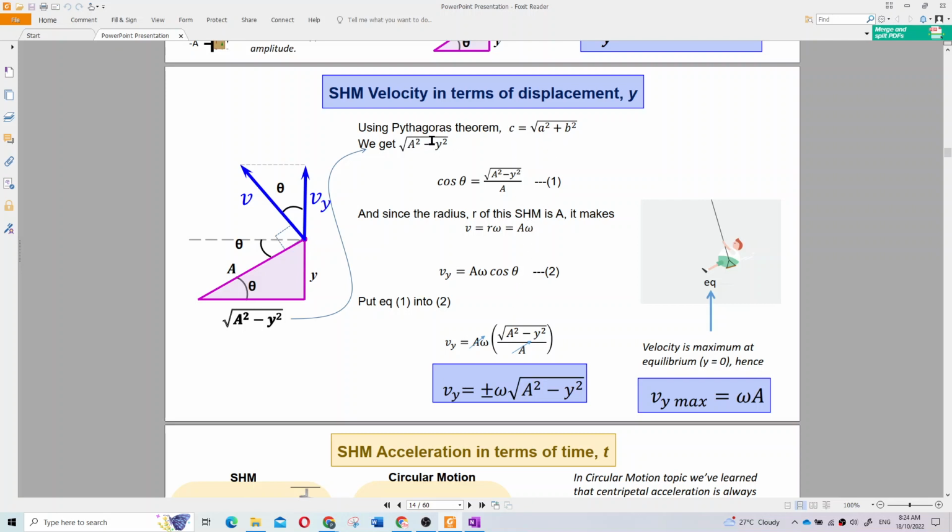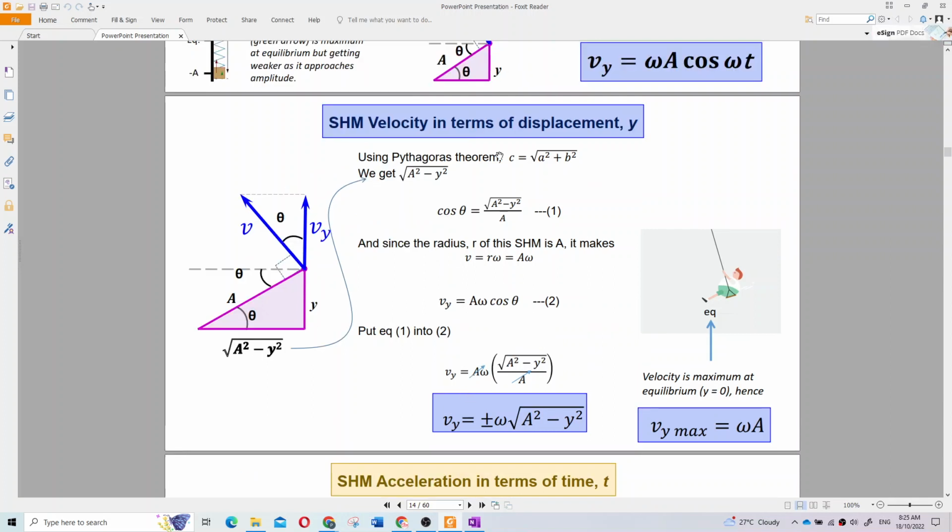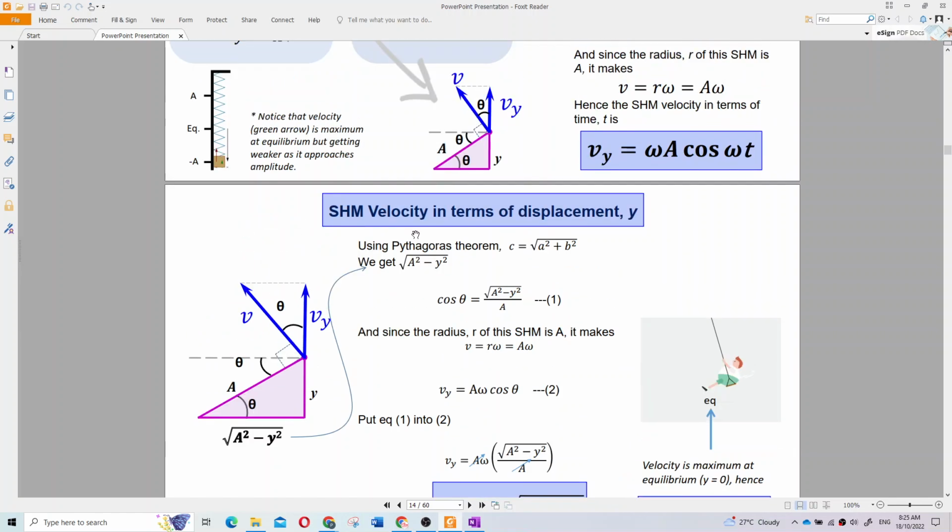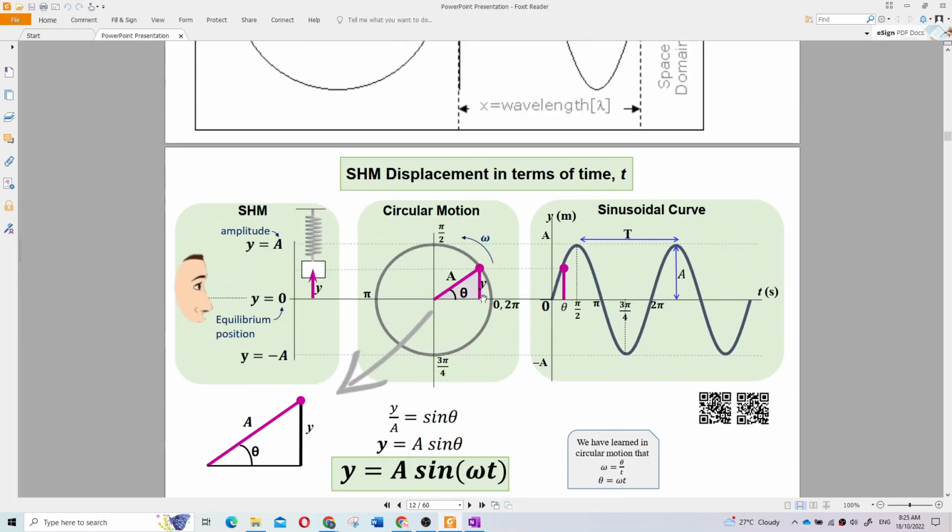We use Pythagoras theorem. Okay, look at this velocity versus displacement equation. If you look carefully, this right angle triangle is just like this right angle triangle. You understand? This is amplitude.